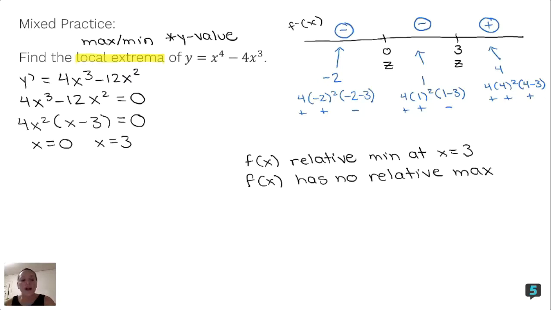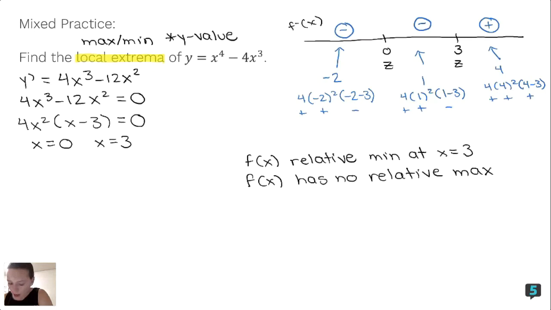How would I figure out what the relative minimum is? Exactly. I need to plug my x value back into my original equation.